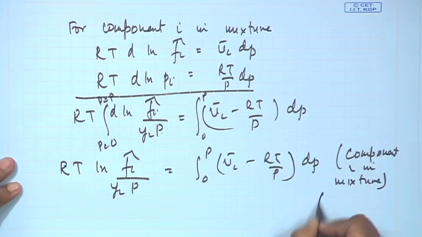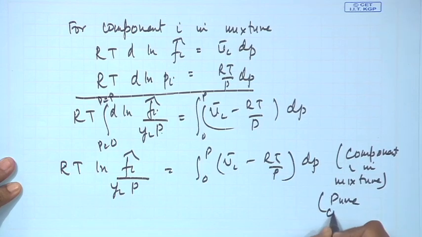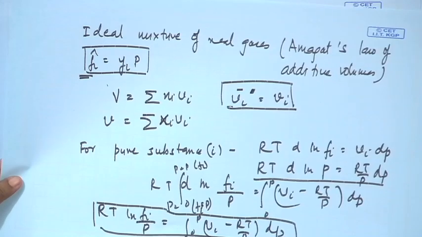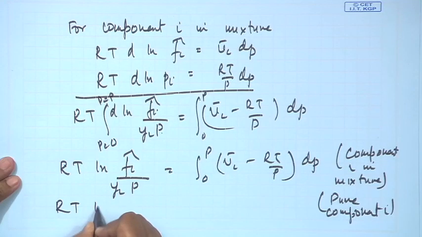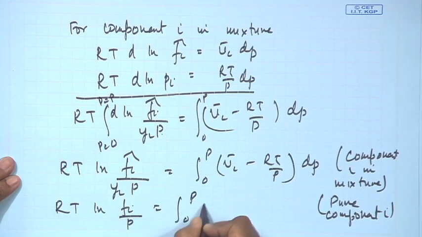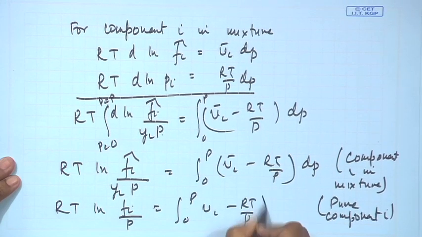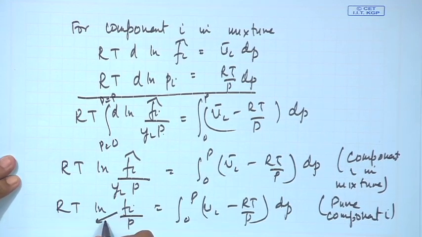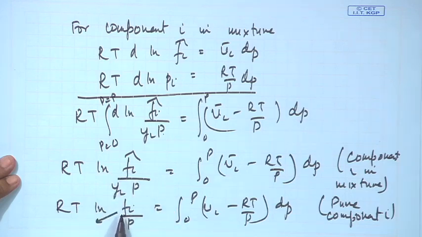And for the pure component I, I have just now derived it. So RT ln Fi by P equals the integral of Vi minus RT by P dP, and this Fi is the fugacity of pure component I. One thing we need to remember very well: this Fi bar and Fi are everything evaluated at the same temperature and pressure.